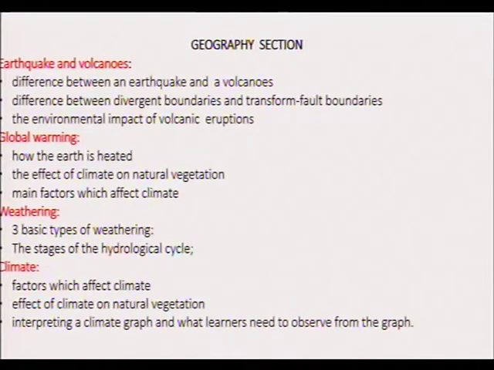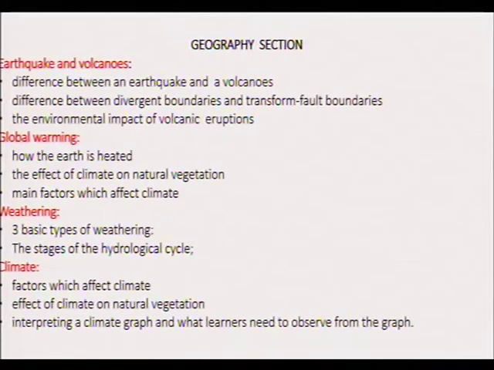And then what is the difference between the different boundaries that you get, divergent boundaries and transform fault boundaries. So you need to be able to distinguish or differentiate between either a volcano or an earthquake and then the different boundaries that we do get.